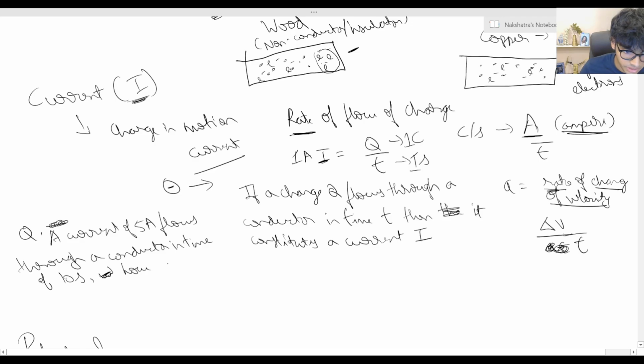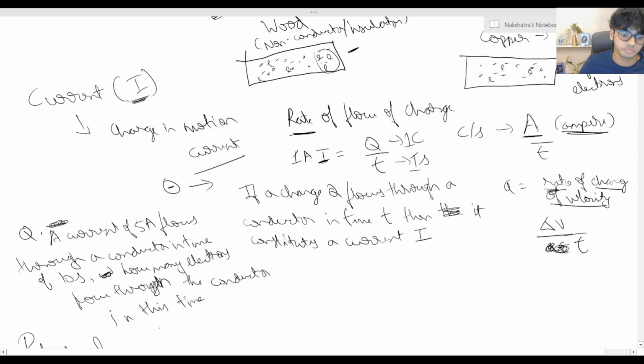How many electrons flow through the conductor in this time? Okay, so a current of 5 ampere flows through a conductor in 10 seconds. So how many electrons will flow through the conductor in this time?